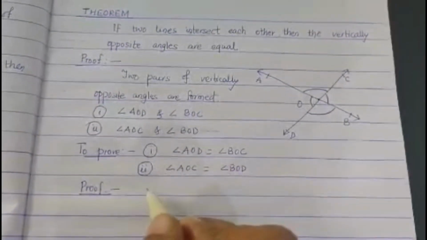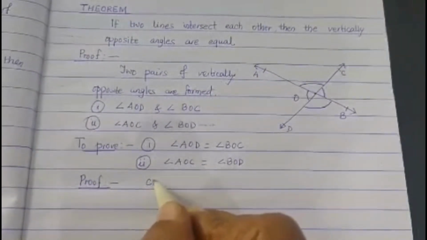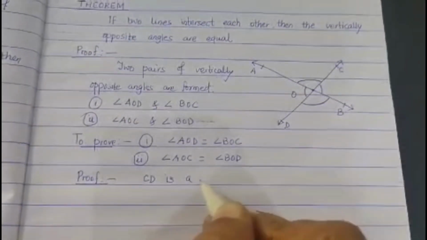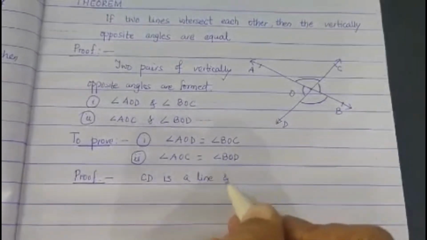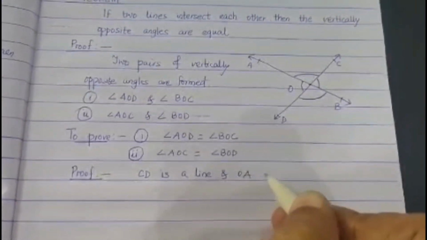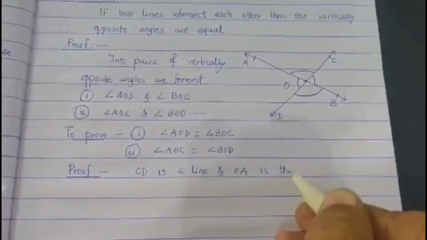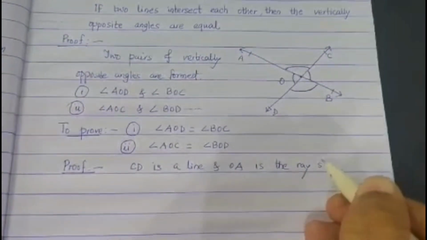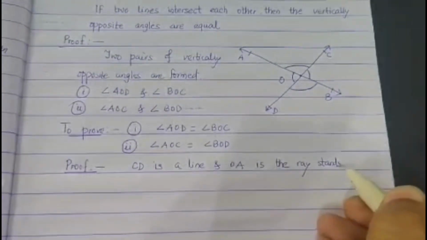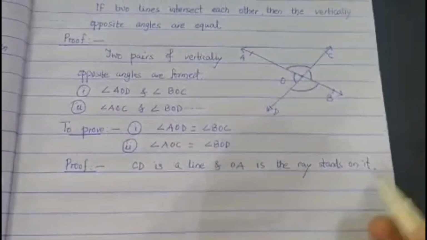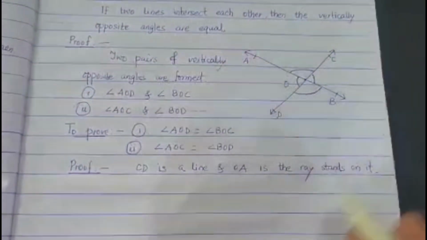So basically CD is a line and OA is the ray that stands on it.